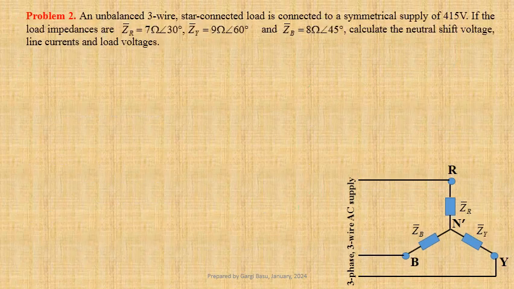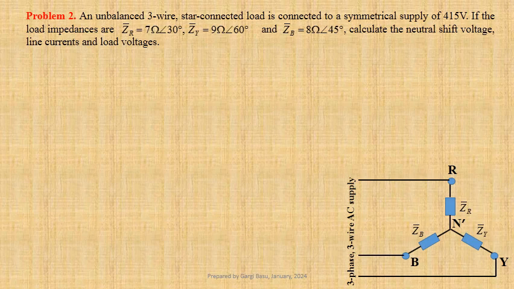An unbalanced 3-wire star-connected load is connected to a symmetrical supply of 415 volts. If the load impedances are ZR equals 7 ohm at an angle 30 degree, ZY equals 9 ohm at an angle 60 degree, and ZB equals 8 ohm at an angle 45 degree, we have to determine the neutral shift voltage, line currents, and load voltages.